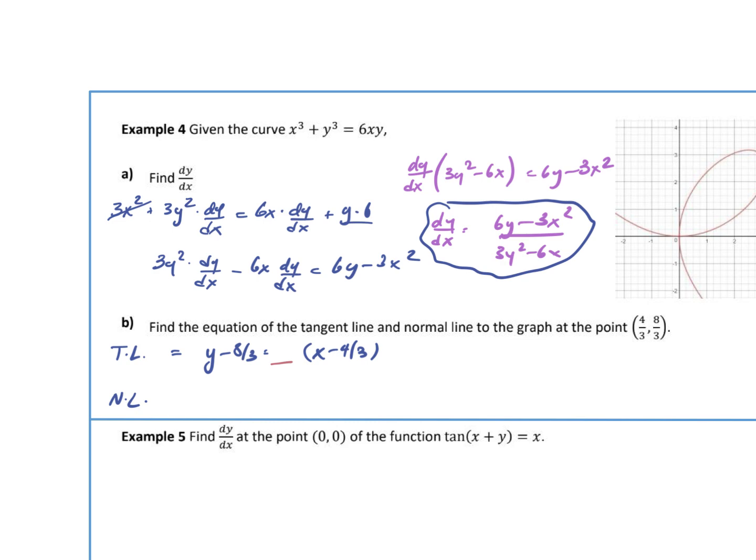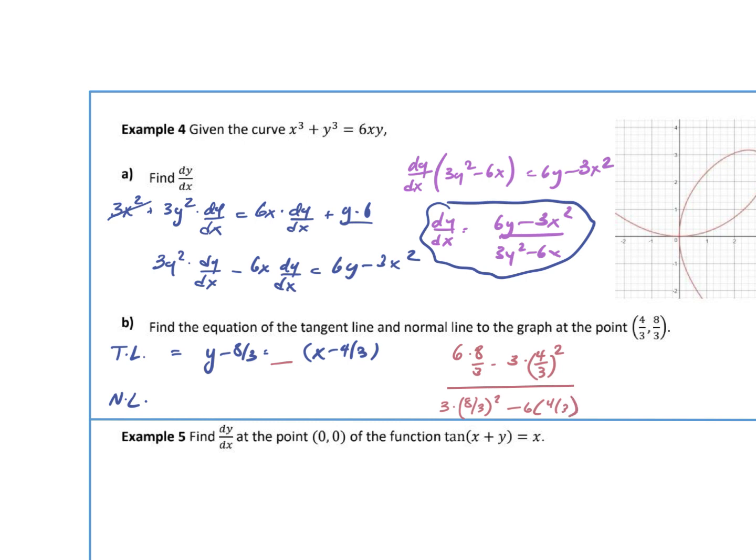Okay, so it's 6y, so it's going to be 6 times 8/3 minus 3 times (4/3) squared. And then it's going to be over 3y squared, so 3 times (8/3) squared minus 6 times 4/3.